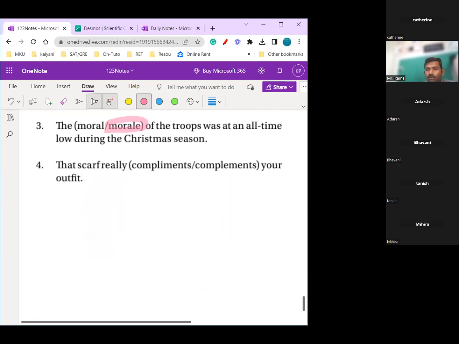Number 4, how about Bhavani? Can you please read number 4? That scarf really complements your outfit. What do you think? Put them in the chat box. Okay, very good.